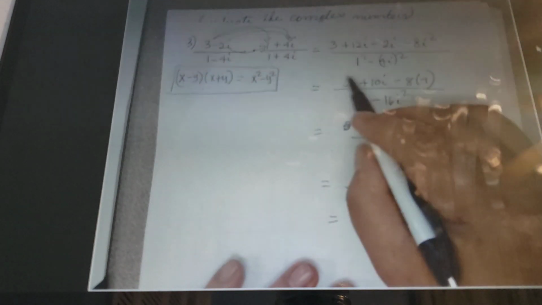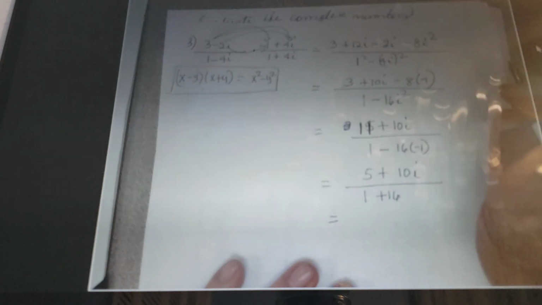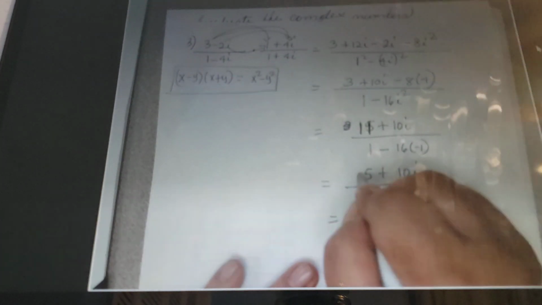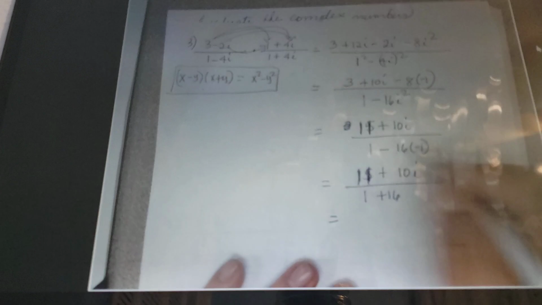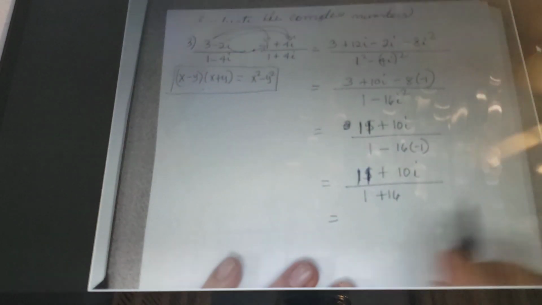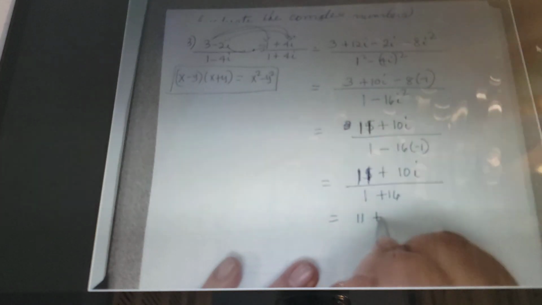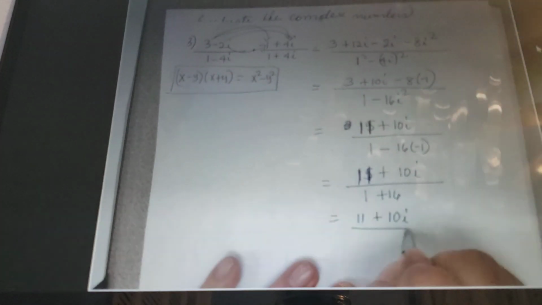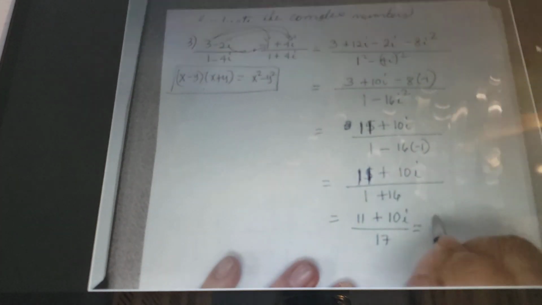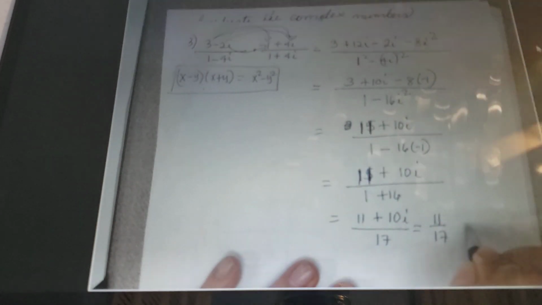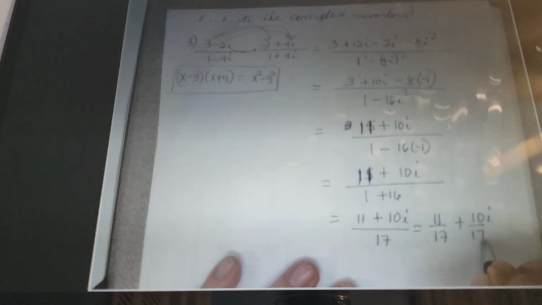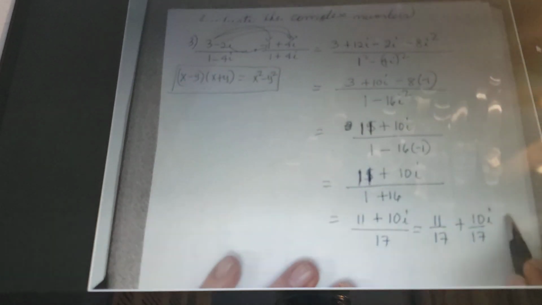Positive 8 plus 3 is 11. So this is 11. So this is 11 plus 10i over 17. 11 over 17 plus 10i over 17. So this is the answer.